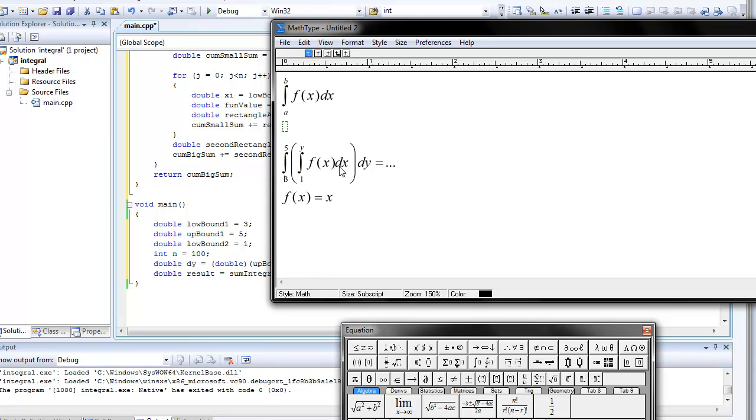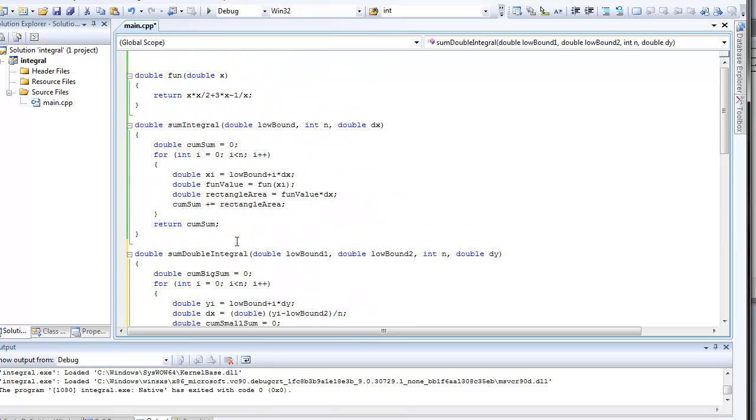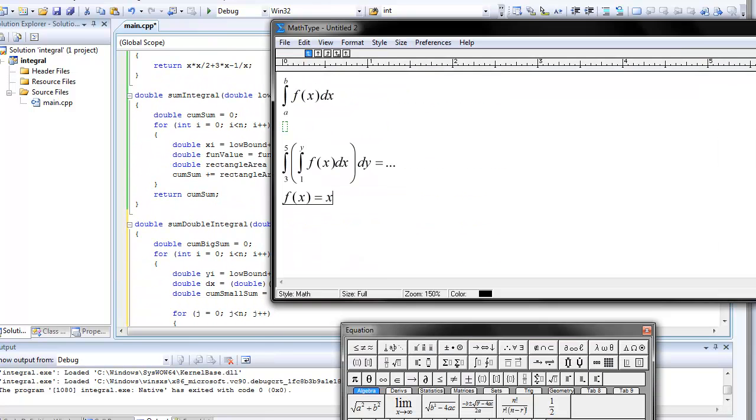Okay, so that's fine. And the function is not f(x) equals x, but it's f(x) equals 1/2 x squared plus 3x minus 1 divided by x.